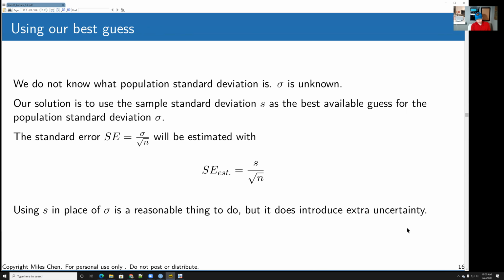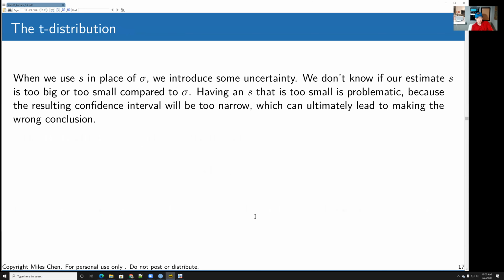We have to do this quite a bit in life, in that you don't know exactly what the answer is, so you just take a reasonable guess. Using S, the standard deviation of your sample, in place of sigma, the standard deviation of the population, is reasonable, but we have to account for that extra uncertainty that it introduces.